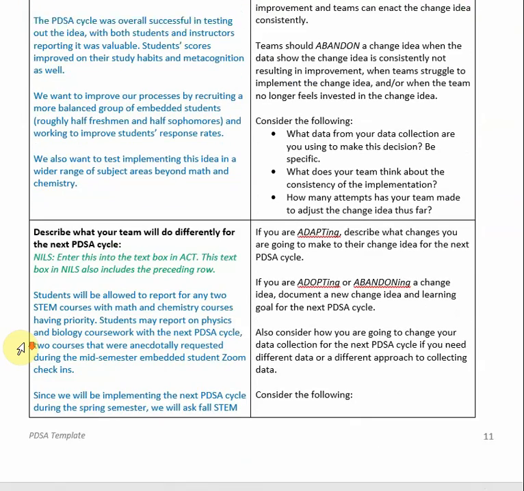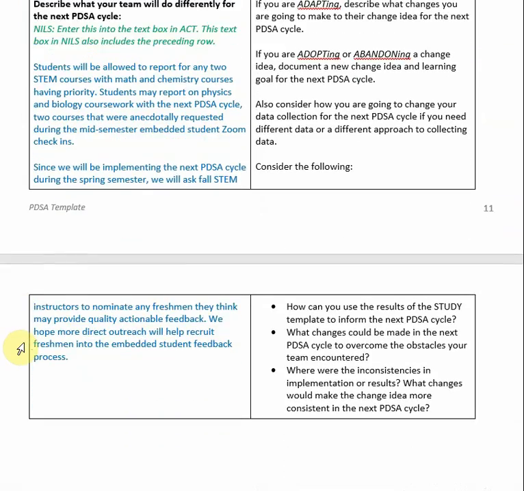Then, in the second section of the ACT section, we have a descriptions area where you describe what you and your improvement team will do differently for the next PDSA cycle. So, one thing that will be done differently is that students will be allowed to report for any 2 STEM courses, with math and chemistry courses having a priority.